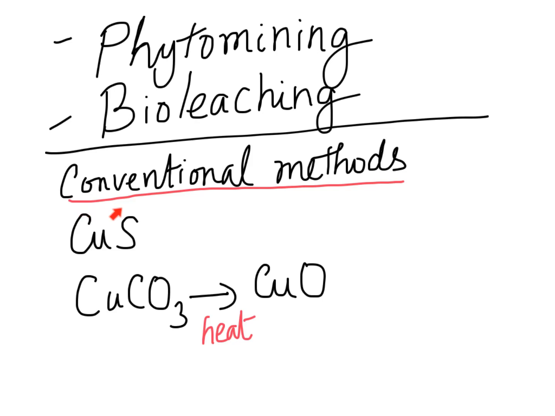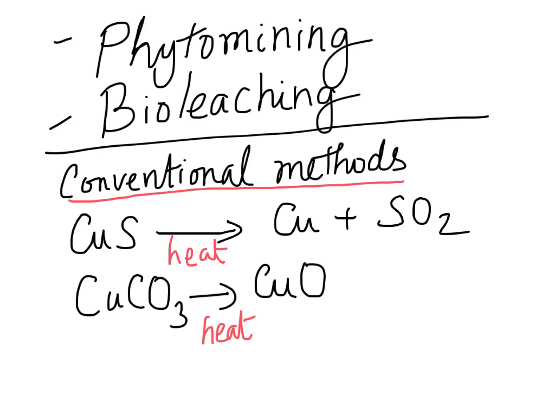Now, if we remember the conventional methods of extracting copper from high-grade copper ores such as copper sulfide and copper carbonate, copper sulfide is normally heated very strongly, which is known as smelting. We have seen this in previous lessons, where you get copper plus sulfur dioxide.